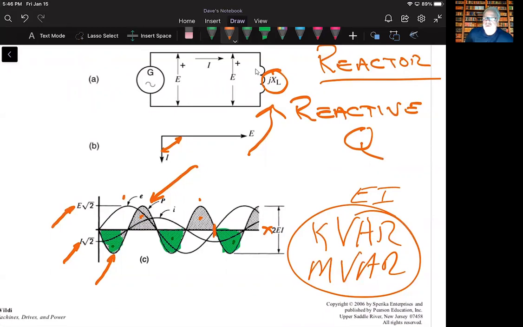So what we're going to find out is there's a way to measure the reactive parts of our power, and we will penalize you, says the power company, if you have too much reactive power or reactive components in your circuit. Okay, so let's wrap up 7.3.